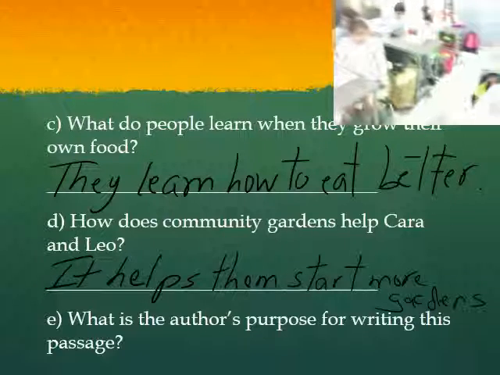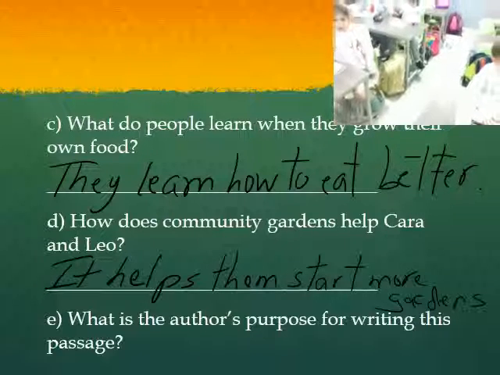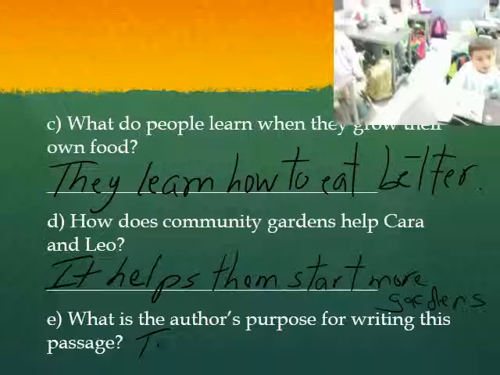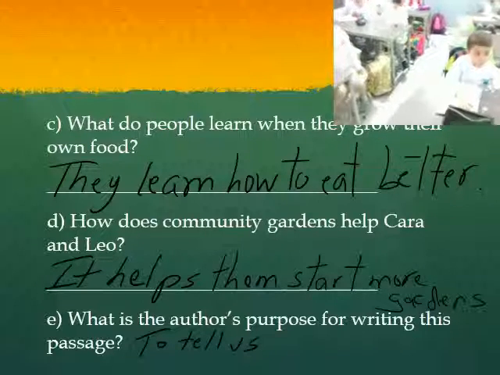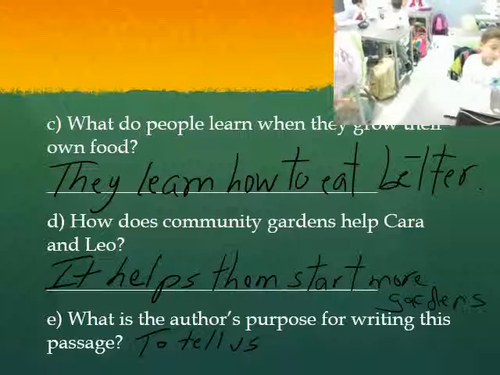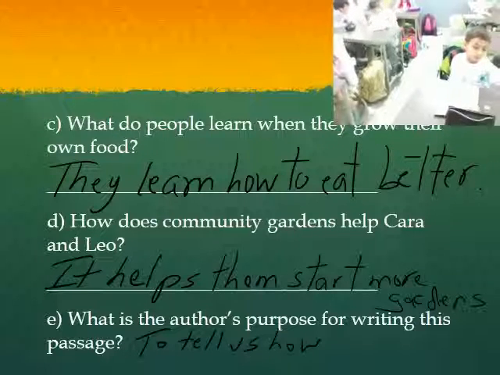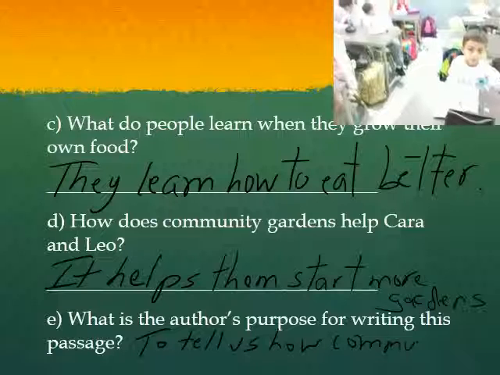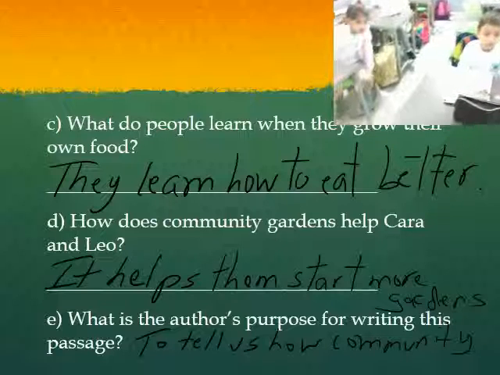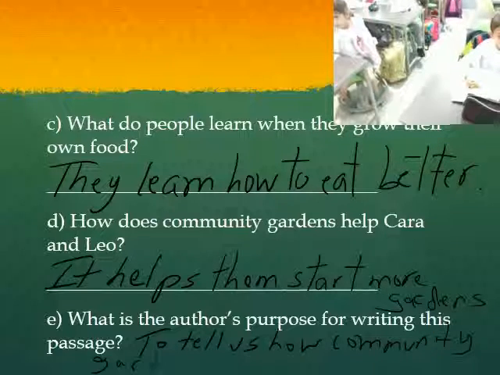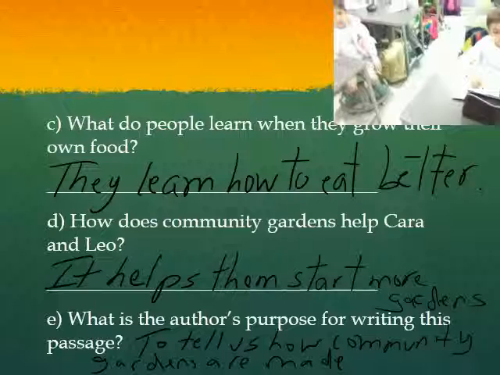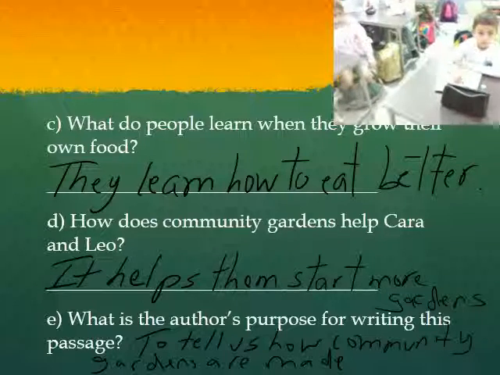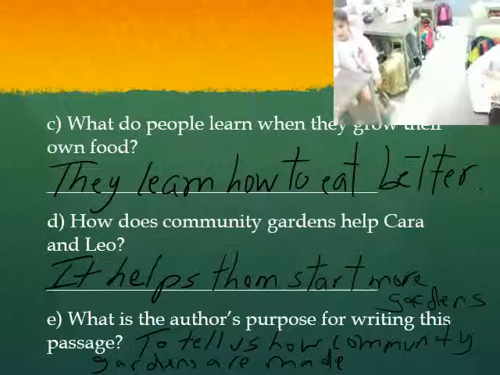The author's purpose is to tell us about community gardens, or tell us how community gardens are made. Okay? You can also add and how they help us. Very good.